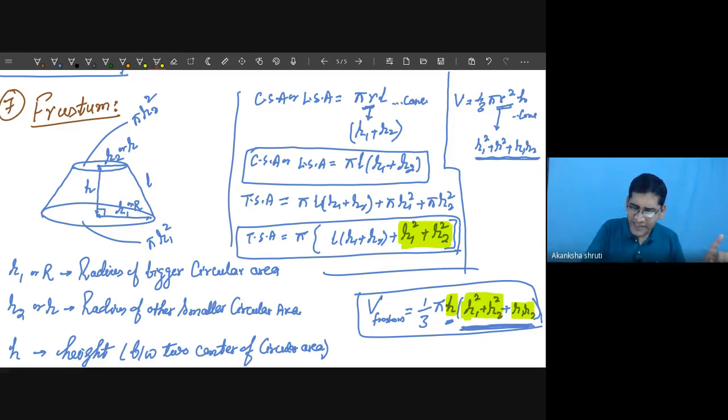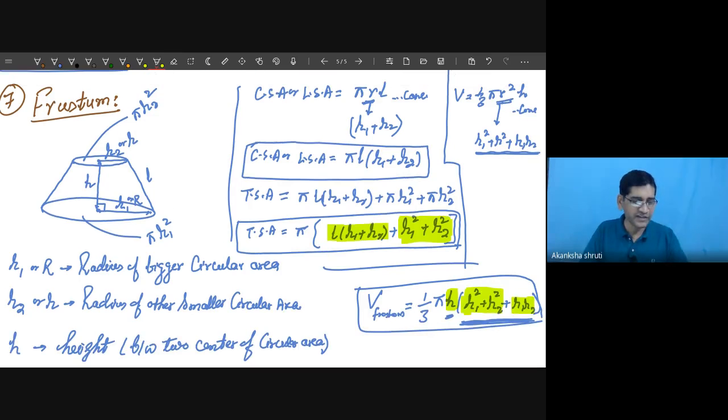But for the surface area, it is associated with L. So once L is taken, it must be R1 plus R2 with that factor we need to multiply. This is the only difference that you have to keep in mind. That's enough. So this was all about the basic steps. We have discussed everything. Now, students, for the other steps, we can calculate very easily.